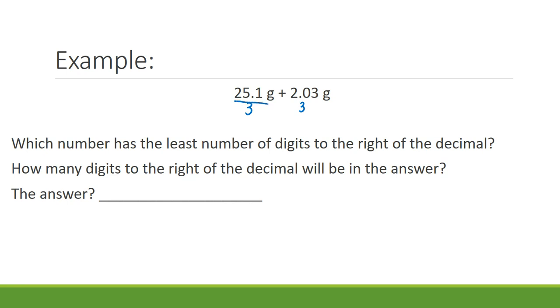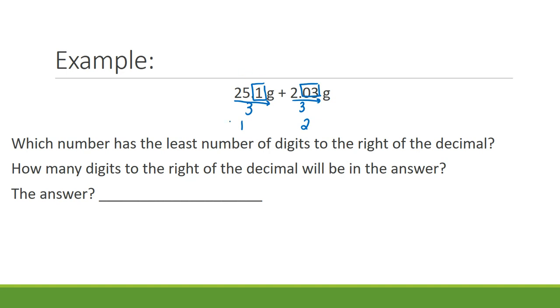So as you do that rule, 1 significant figure is in the decimal in 25.1, and in 2.03, 2 of those values are in the decimal. It asks which number has the least number of digits to the right of the decimal. And what I mean by digits is fewest significant figures.